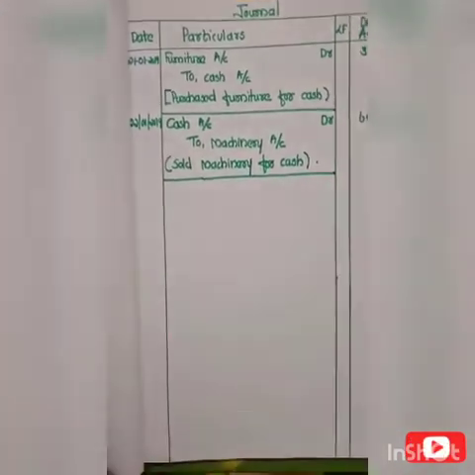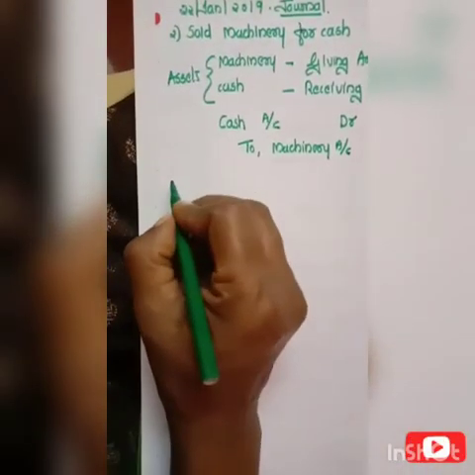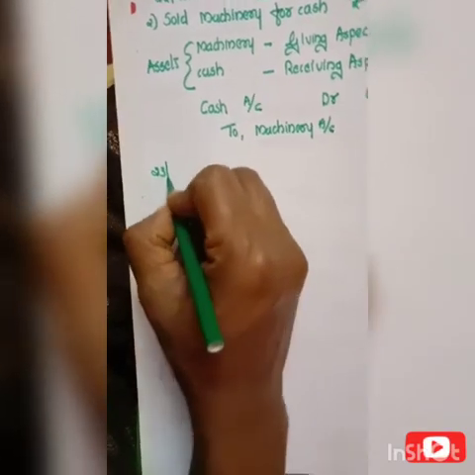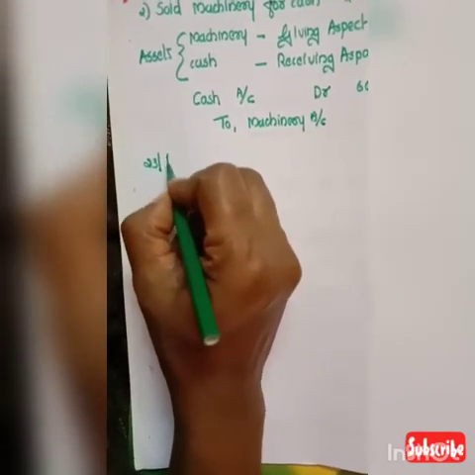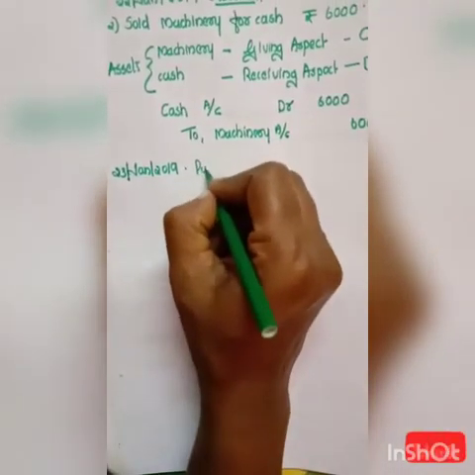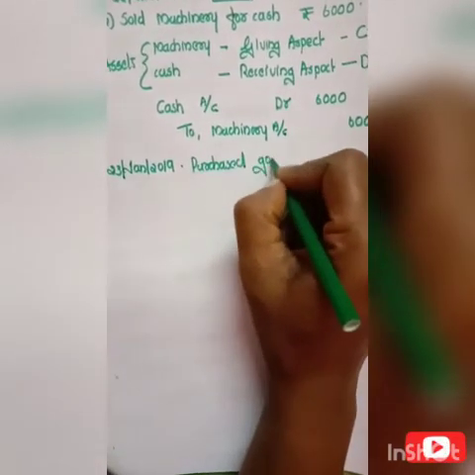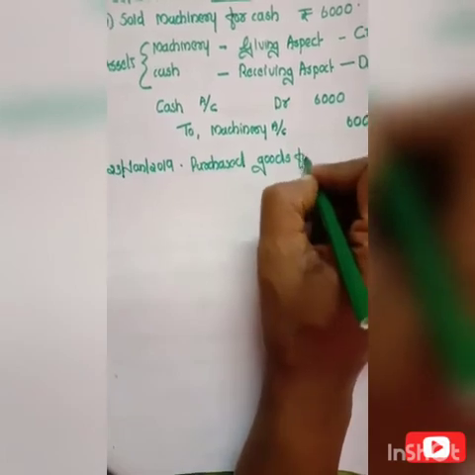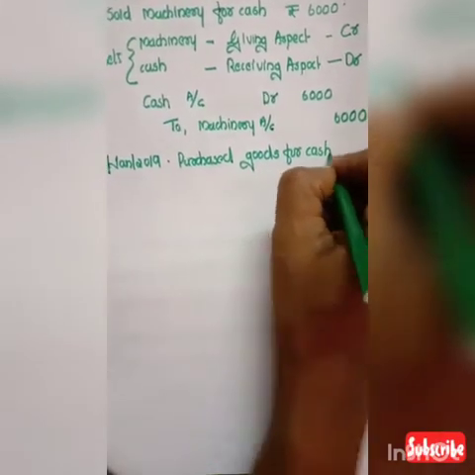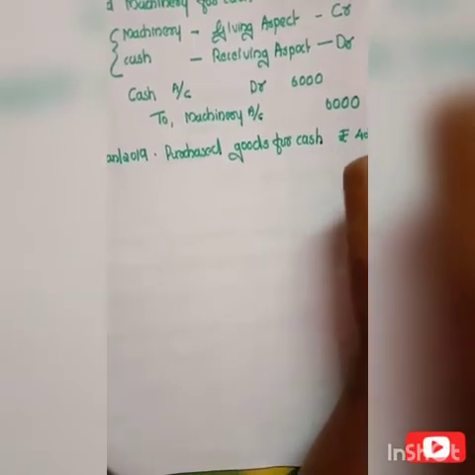Okay. And the next transaction, on 23rd January 2019, is purchased goods for cash, rupees 4,200.